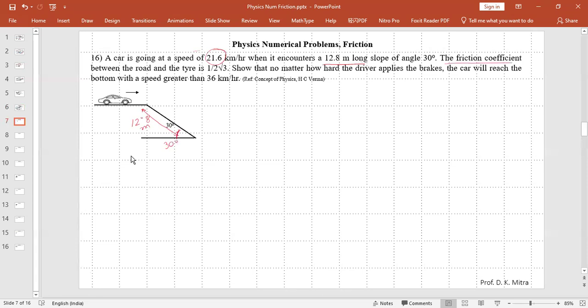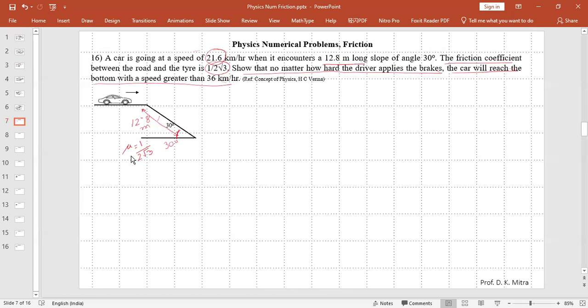The friction coefficient is 1 upon 2 root 3. Once again, when the car comes here, mu is 1 upon 2 root 3, so that no matter how hard the driver applies the brake, the car will reach the bottom with a speed greater than this.